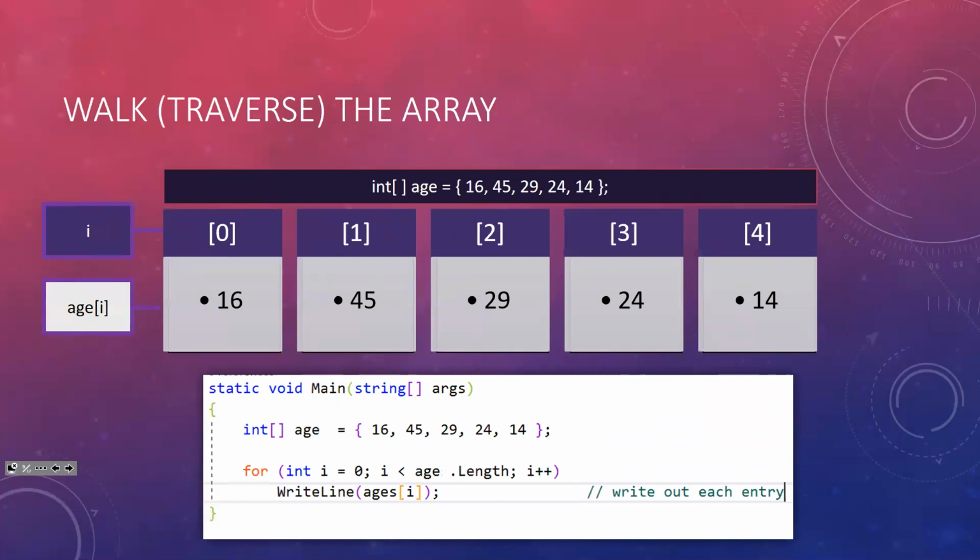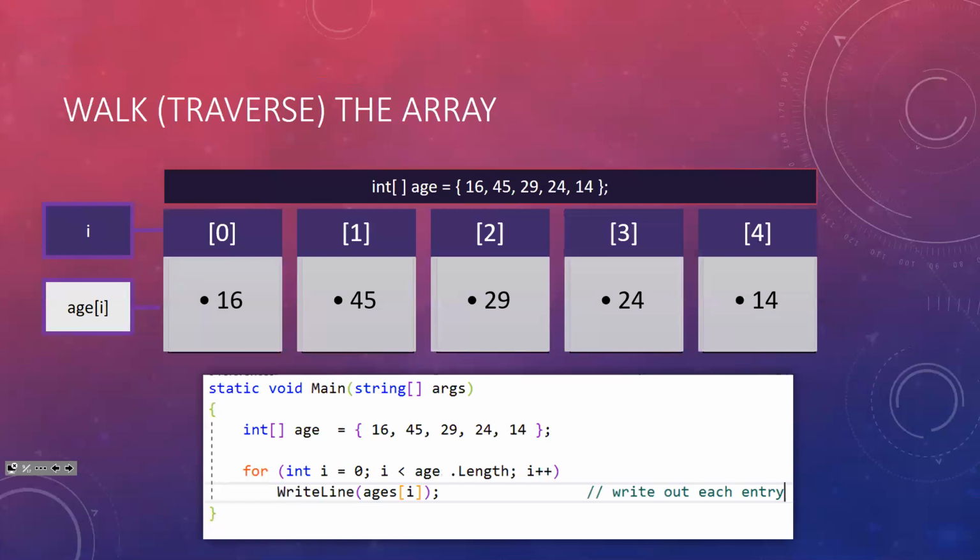And just like a class that we create, the C# array class has methods and properties that we can use to find out information and set information about our array. And one property we have is the length property. So when we say array name dot length, we're going to access that length property of the array to find out how big our array is. So we're going to use that length property to control our for loop, to write out each entry.